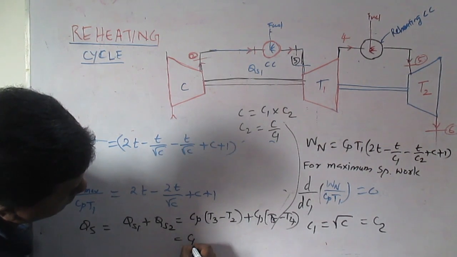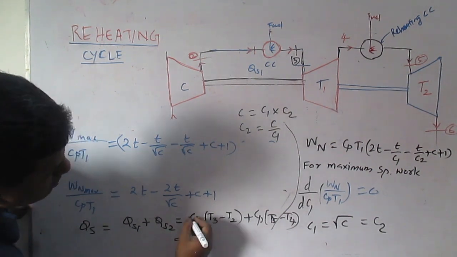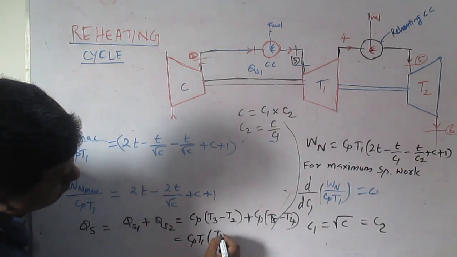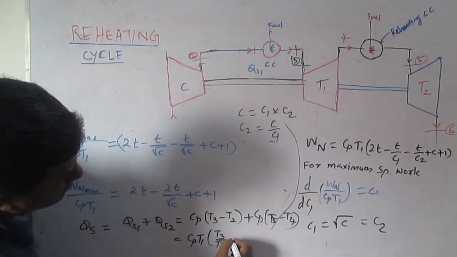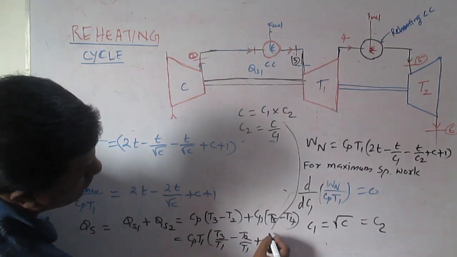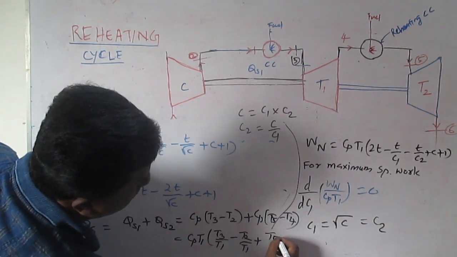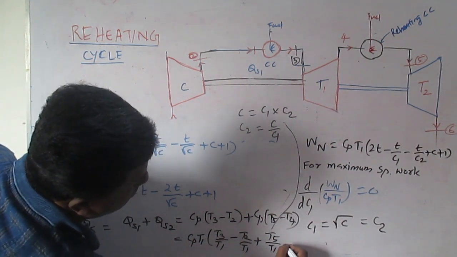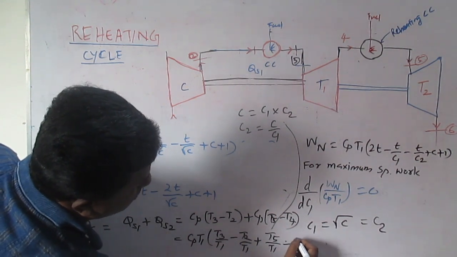This also we need to do the same way. We take T1 outside: T3 by T1 minus T2 by T1 plus T5 by T1 minus T4 by T1.